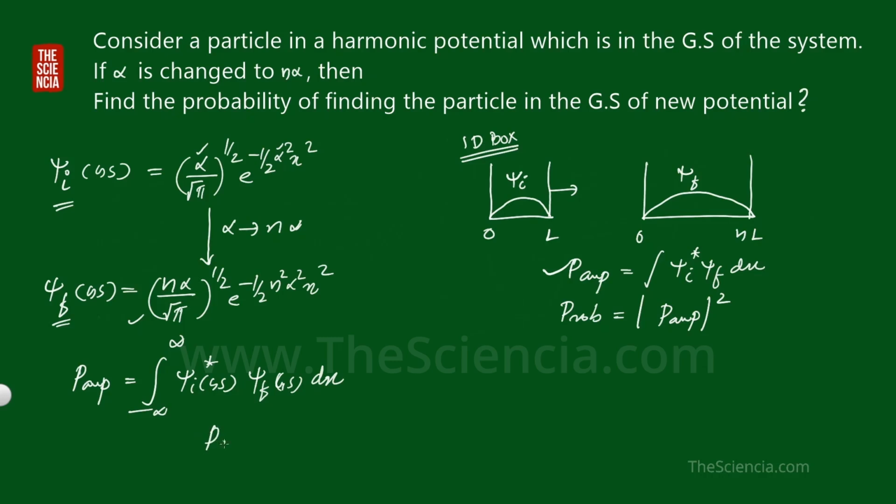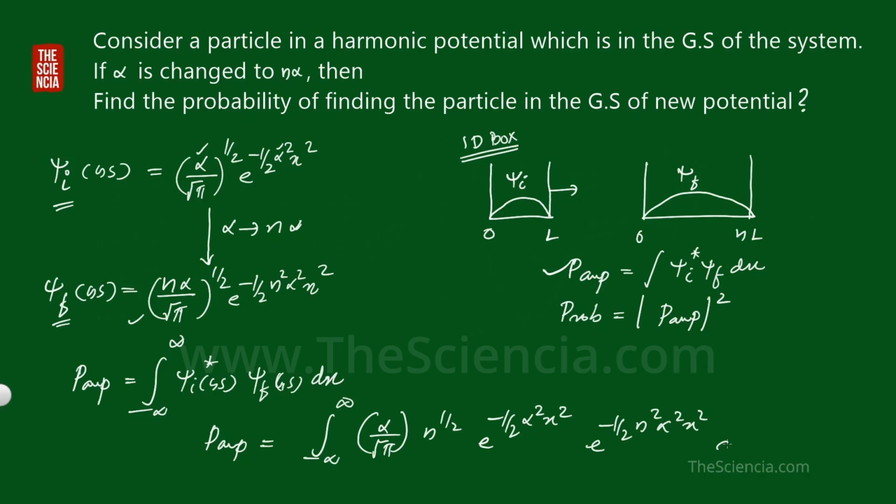That is, probability amplitude is equal to integral from minus infinity to plus infinity of alpha by root pi into n raised to half into e raised to minus half alpha square x square into e raised to minus half n square alpha square x square dx.